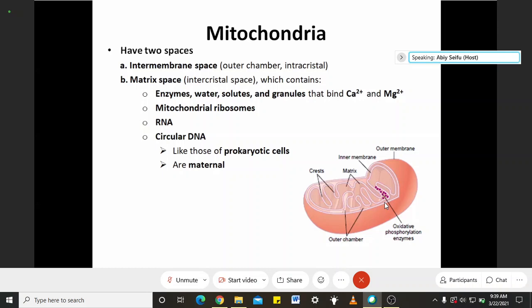These proteins they are producing are not even enough for the mitochondrial demand. So they are producing a small amount of proteins for the mitochondria. This DNA is different with regard to its inheritance from that of the nuclear DNA.